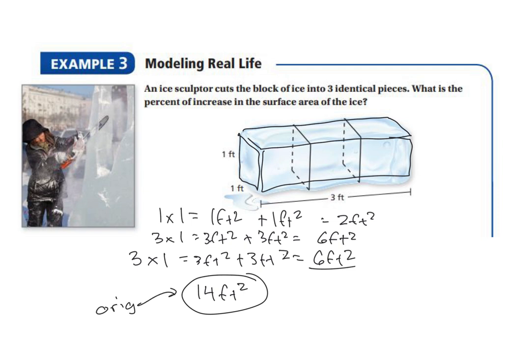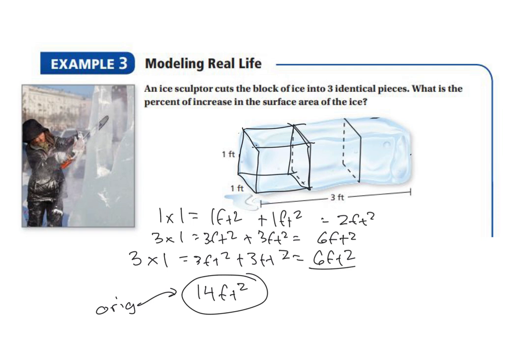Now if we cut this up into 3 identical pieces, we're essentially now going to have a cube. And for this cube, it's going to be 1 foot by 1 foot by 1 foot.